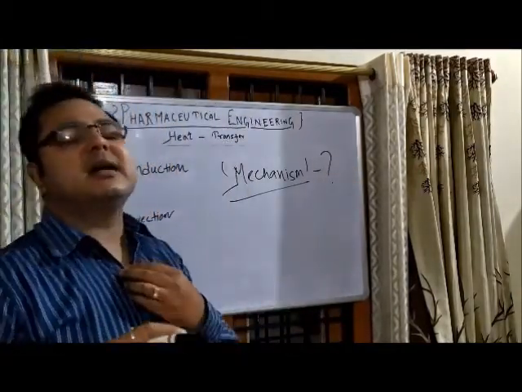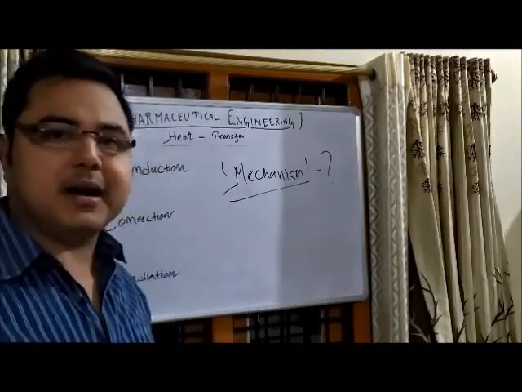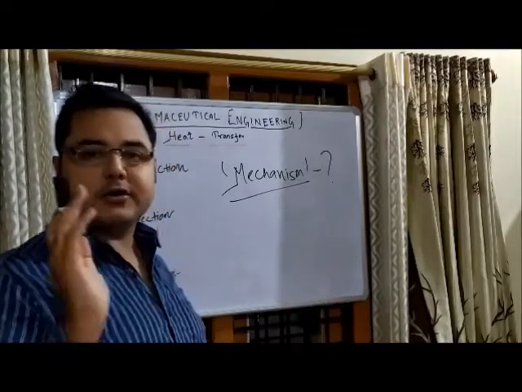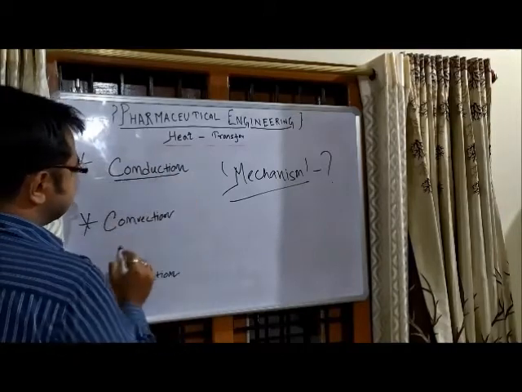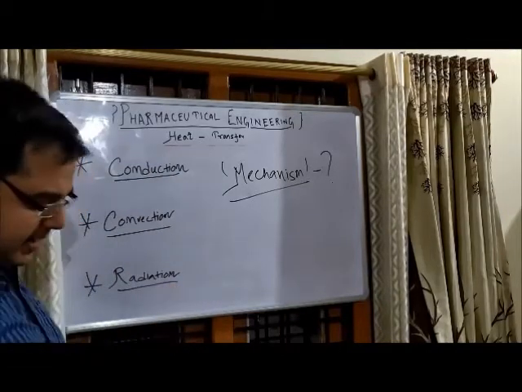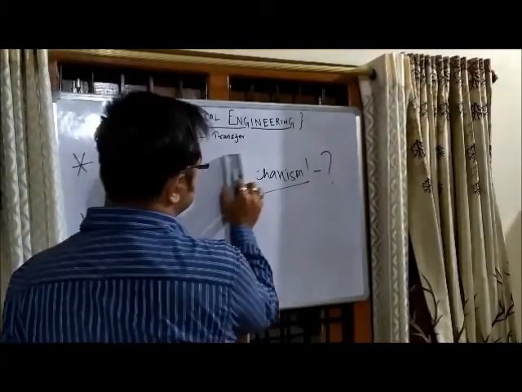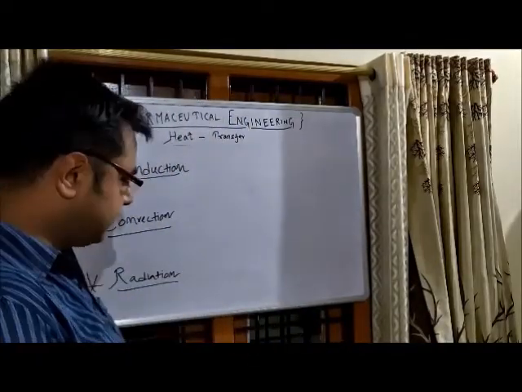The transfer of heat from one part to another part of any component is based on three basic methods. Number one is conduction. Number two is convection. Number three is radiation. Now we are going to have a brief idea regarding these three methods.